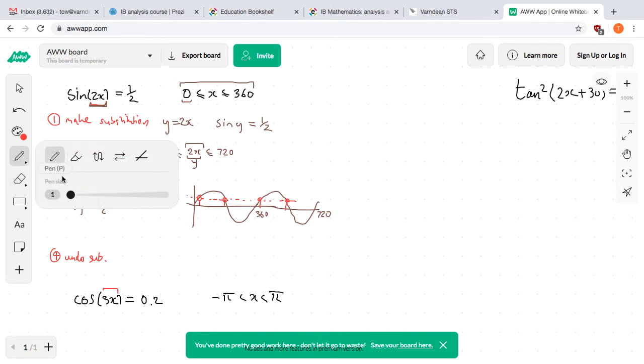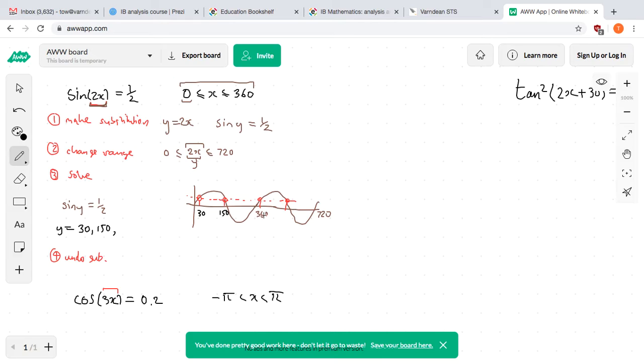So we do inverse sine of a half, and we should get on the calculator y equals 30. So that's this first one here. Because the rule with sine is you do 180 minus your answer, this one is going to be 150.